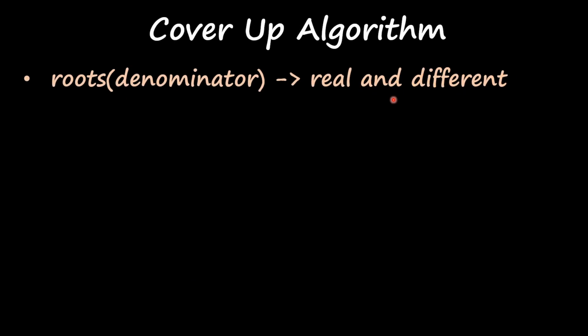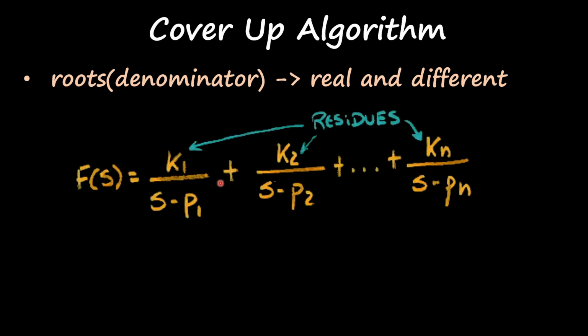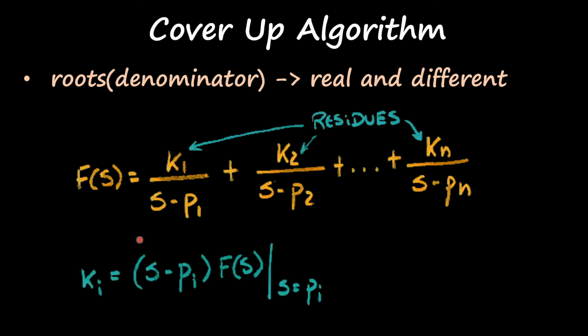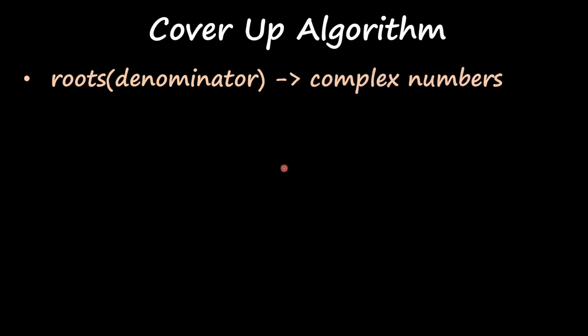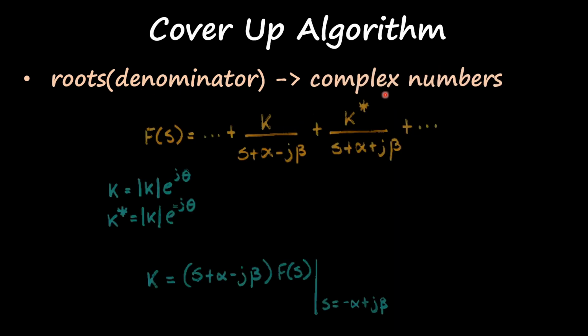Alright, so the algorithm that we're going to use is called the cover-up algorithm. When the roots of your denominator are real and different, in order to find the respective residues, we're going to apply this formula over here. So we pick up the pole of interest, we multiply by our function, and we substitute the s by the pole of interest. If the roots of your denominator are complex numbers, you apply the same technique, the cover-up algorithm.